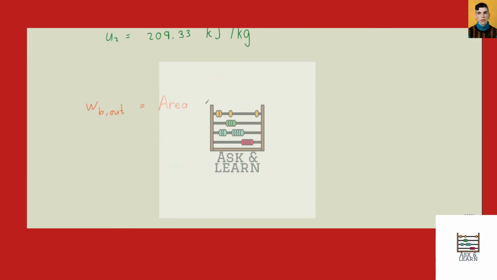And that's the area of the trapezoid, which is (P1 plus P2) over 2, and we're using specific volumes here, so that's little v2 minus little v1. And these values are all known, so we can substitute them in.